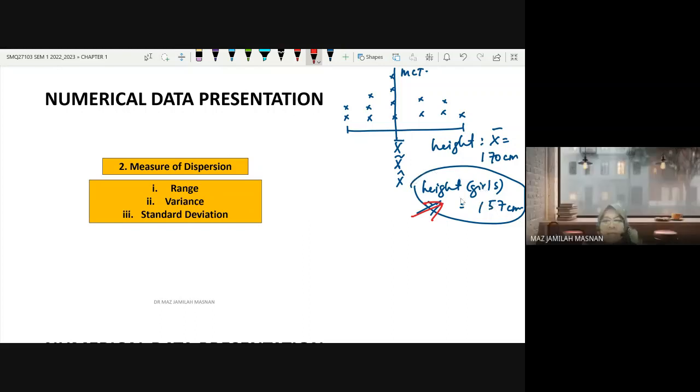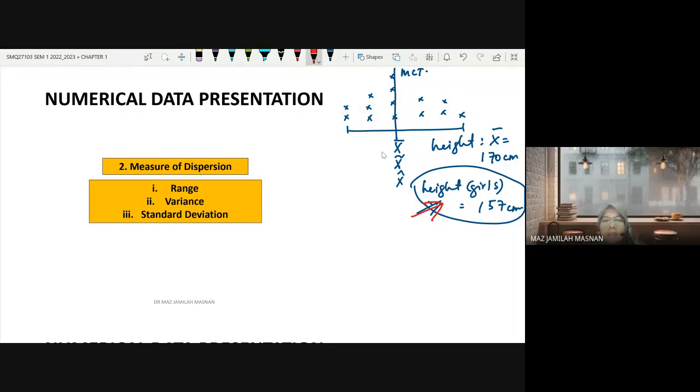Okay, thank you for your answer. When we are looking at the central value, we are talking about one value that is represented in the middle. But our data will be distributed from the minimum value to the maximum value.